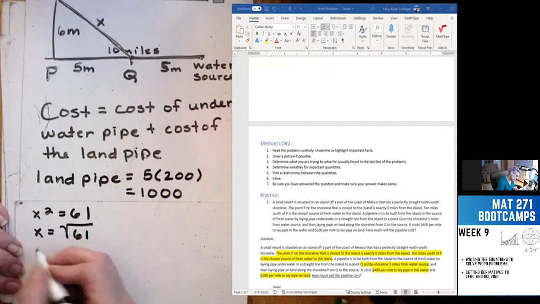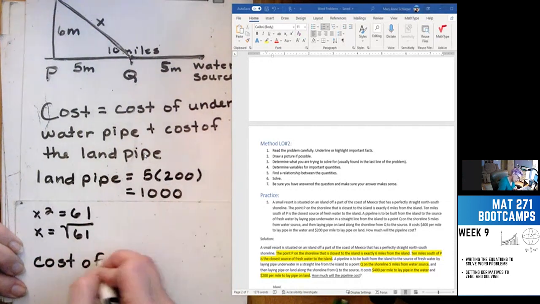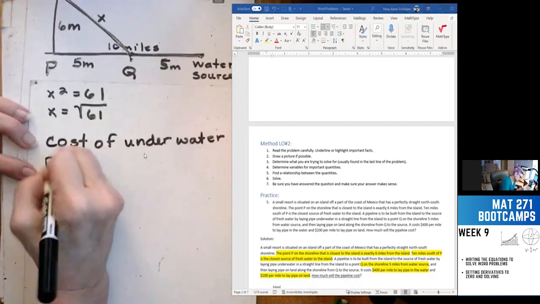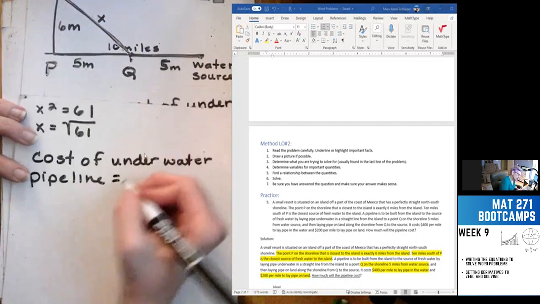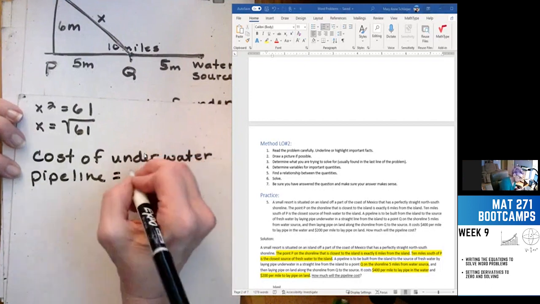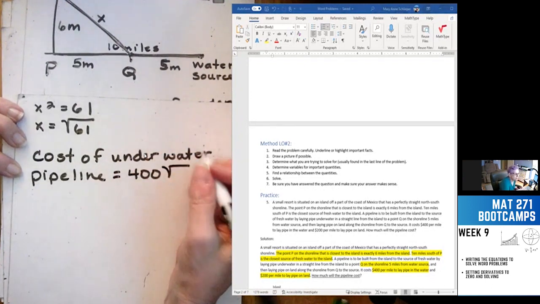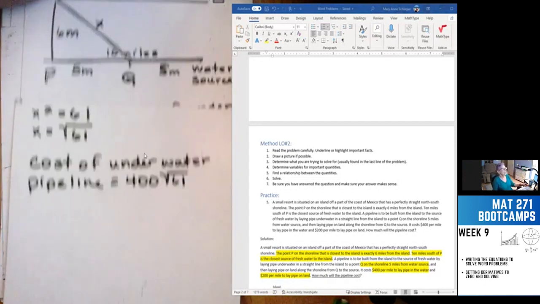So the cost of the pipe underwater is $400 times the square root of 61.